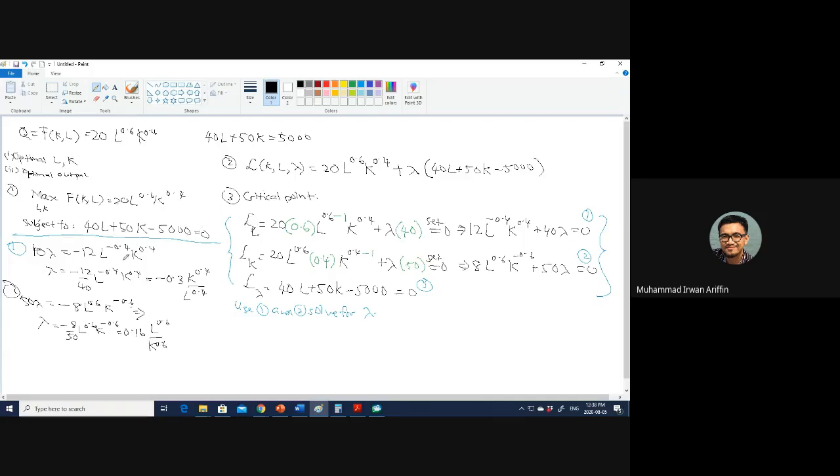Now that we have this, 2 lambdas, right? This is lambda, this is lambda. So we're going to make these 2 lambdas equal to each other. So lambda equals lambda. So what we're going to have here, it's kind of hard to get the space on this side.